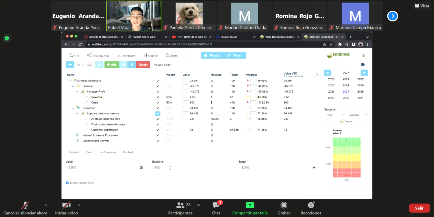Baseline is how you ended the year 6. Value, don't worry about this because this is the current value. That current value is one we have once we have taken the decision 7, but write a target, okay?